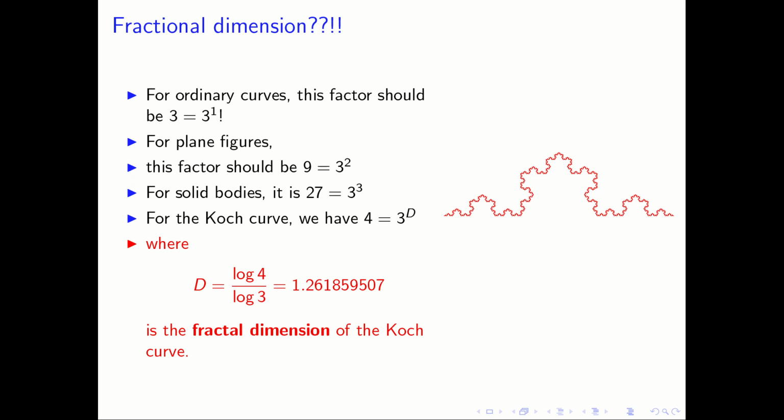The topological dimension of the Koch curve is 1. It's a curve. You can bend and stretch it into something which looks more like ordinary curves. So the topological dimension is 1, but the fractal dimension is 1.26. They're different, so this is a fractal.